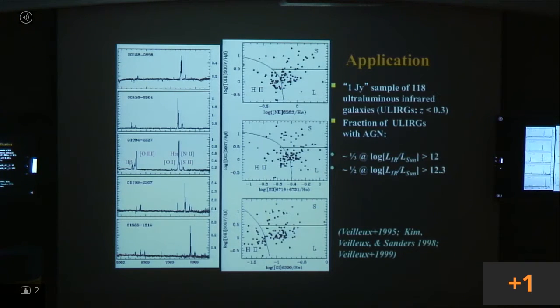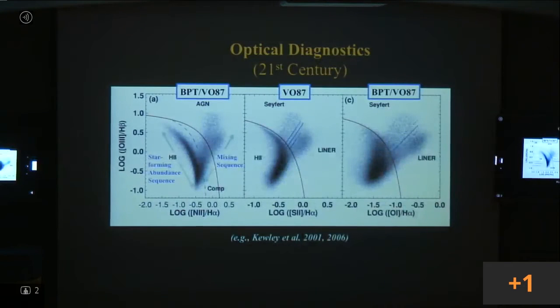Of course, this is 20th century data. Things have changed in the 21st century. Sloan came up with 100,000 galaxies. So this is taken from Lisa Kewley's 2006 paper.